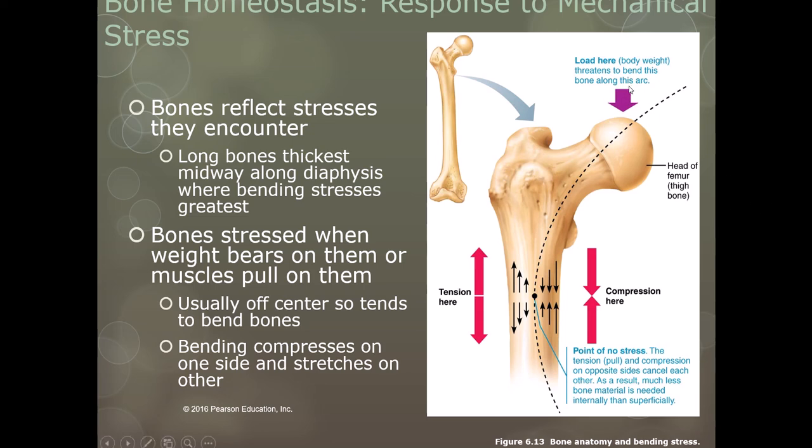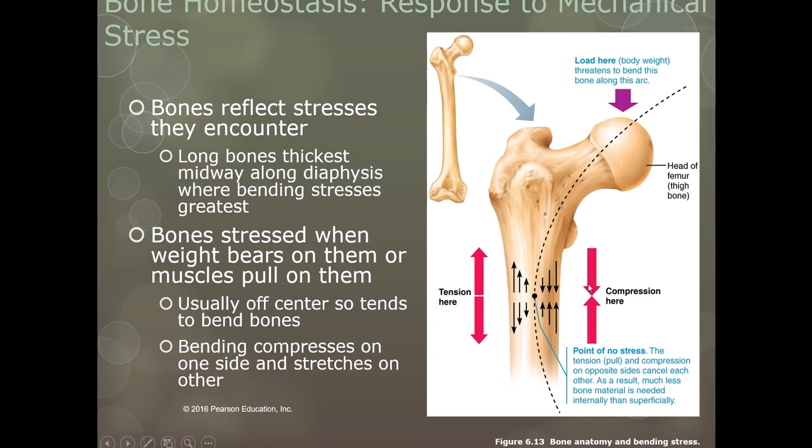So the load of your body, or all of your body weight, is here on the head of the femur. And so the head of the femur tends to bend along this kind of arc. It's getting all the weight of the body. You'll see this portion here is much wider and thicker than this portion right here.